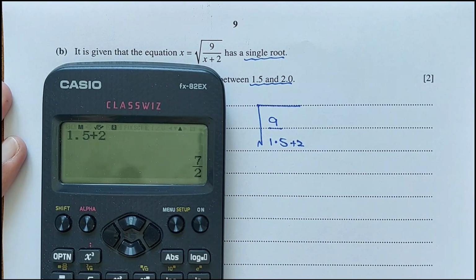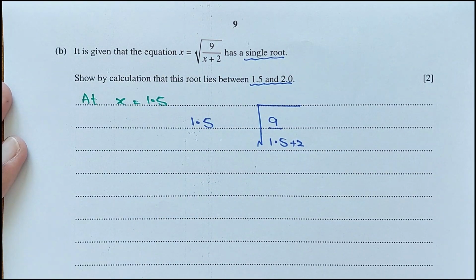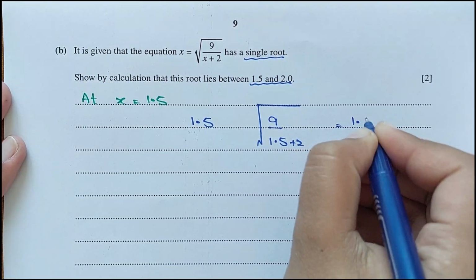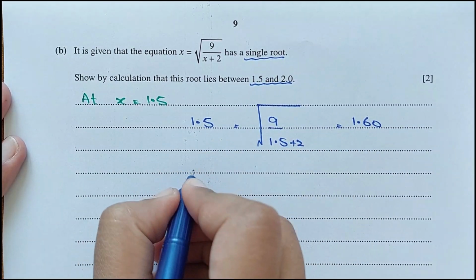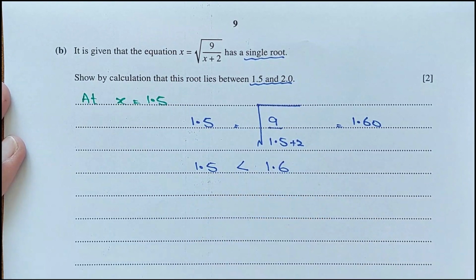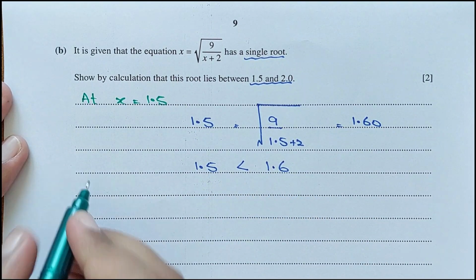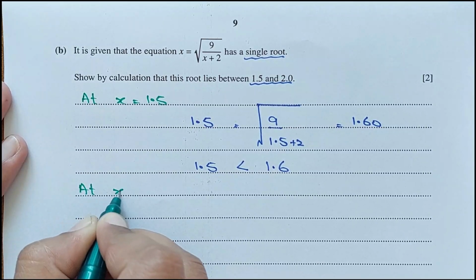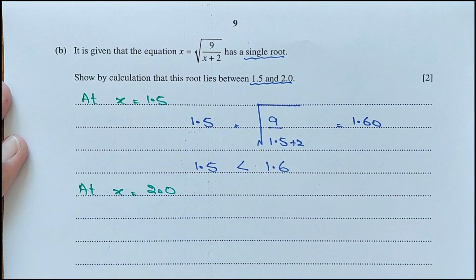1.5 plus 2, 9 divided by the answer, and the square root of the answer is equal to 1.60. So this would be equal to 1.60. Here we can say 1.5 is less than 1.6, right? Now let me calculate at x equals 2.0.